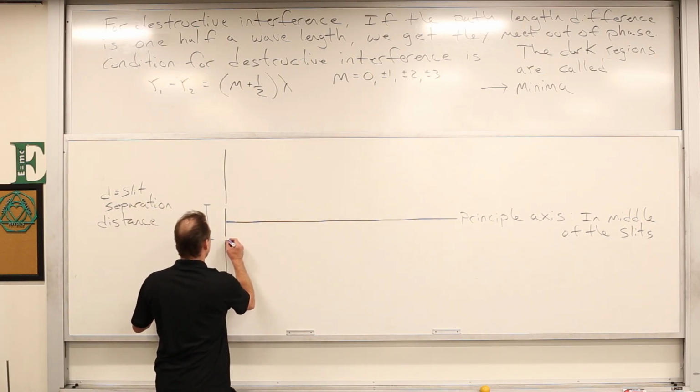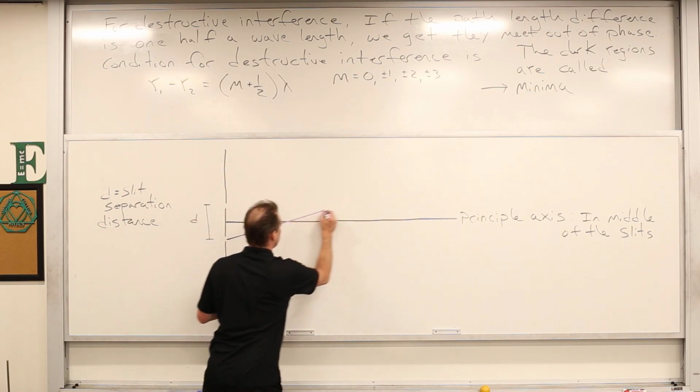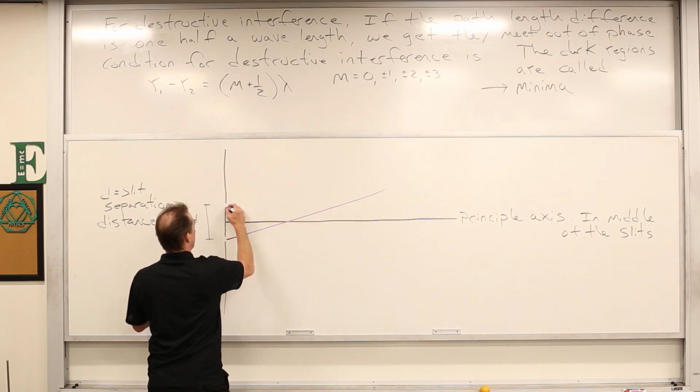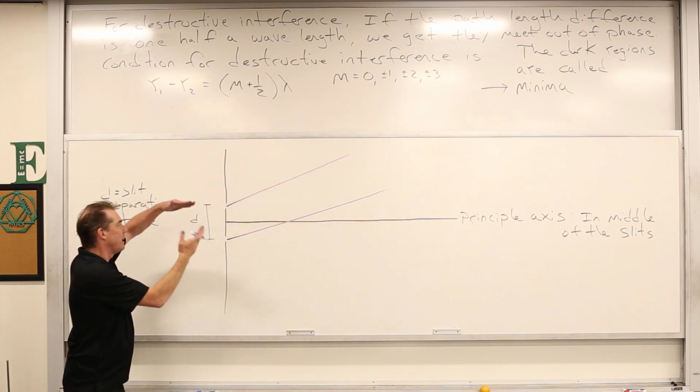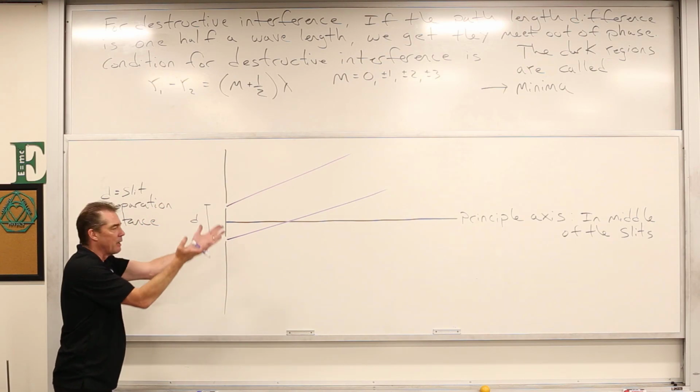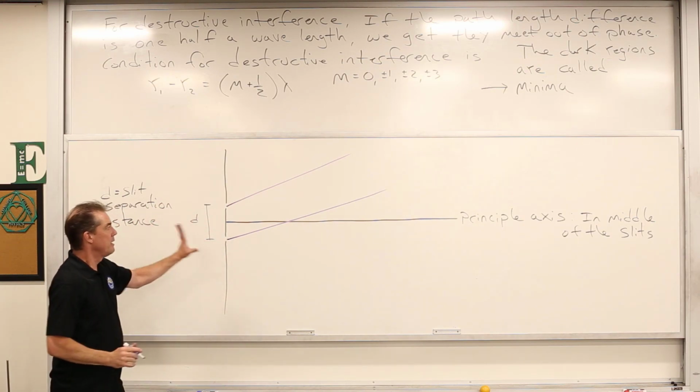So we're going to have ourselves some path like this, great, and another path that's parallel to that like this, but really again they're converging because they're going to meet up, but we're going to approximate them to be parallel.